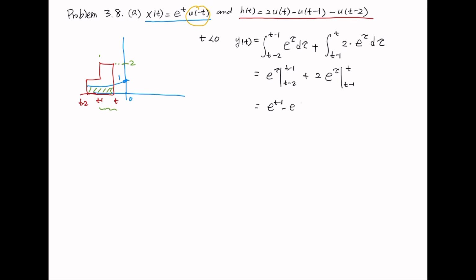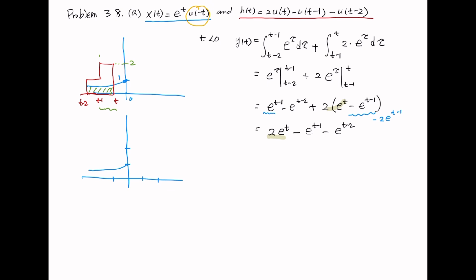That equals e^(t-1) minus e^(t-2) plus 2 times e^t minus e^(t-1). And that equals 2 times e^t, negative 2 e^(t-1), and a positive 1 e^(t-1). Therefore, we have 2e^t minus e^(t-1) minus e^(t-2).